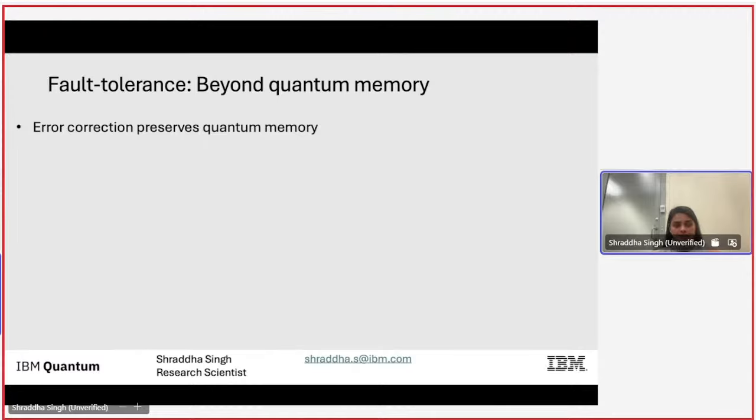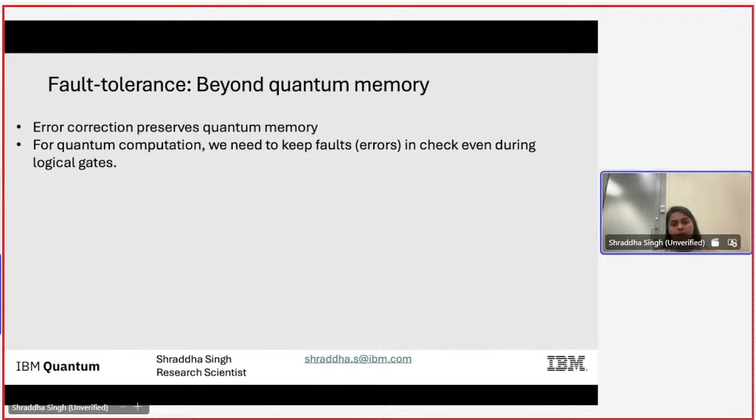Now, error correction preserves quantum memory. But for quantum computation, we need to make sure that while we're applying logical gates, which would require not just measuring stabilizers, but applying gates, it also keeps these faults in check. Because it may happen that for applying these logical gates, you may have to apply multi-qubit gates, and these multi-qubit gates could introduce multiple errors with the same probability of order p, at which your single qubit errors were happening, and such an error would be hard to track.